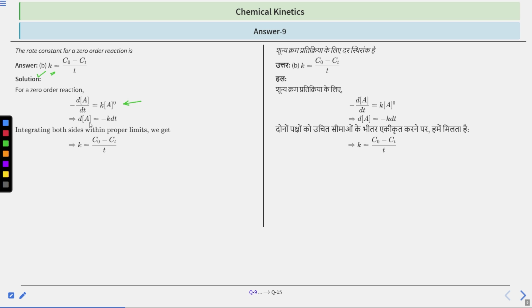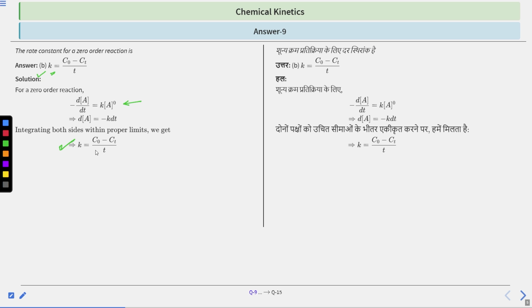So dA is the concentration, so we integrate it from A naught to A at T, equal to minus K times the integration. K is constant, so it will come out of the integration, and the integration of dt is from 0 to T. So dA will become C naught minus Ct, that is initial concentration minus final concentration at time T, divided by the integration of dt, which will be T minus 0, that is T. So divided by T, and this comes out as the K value.